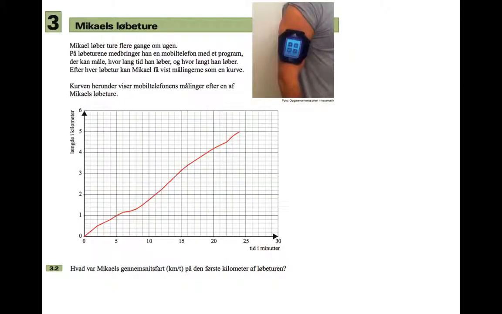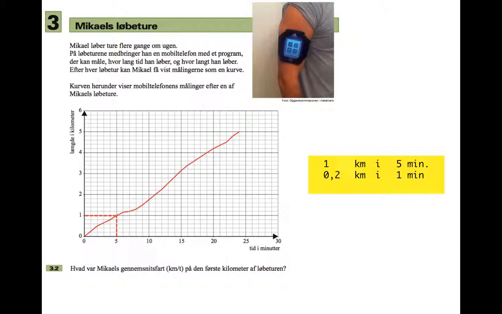What was Mikhail's average speed in kilometers per hour on the first kilometer of the running trip? Okay, so look at the curve again, and the first kilometer, there it is, 1 kilometer took him 5 minutes. So on our rough paper, we're saying 1 kilometer in 5 minutes, a fifth of a kilometer or 0.2 of a kilometer in 1 minute.